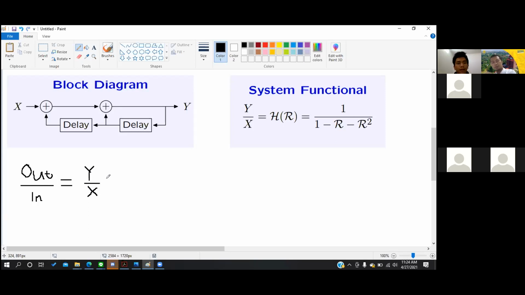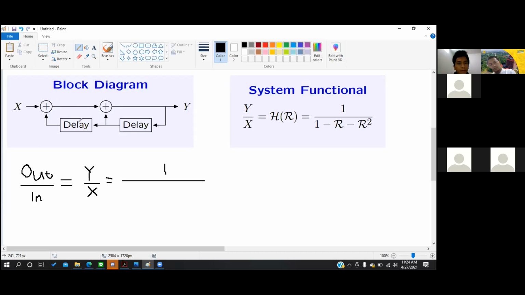Now the output is represented by the number 1, because an output is a result of the input, but the input is what we can break down one by one.